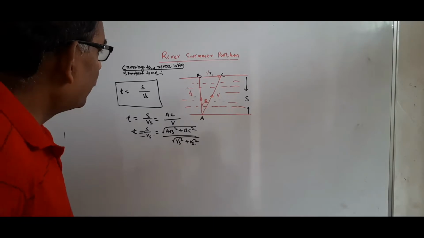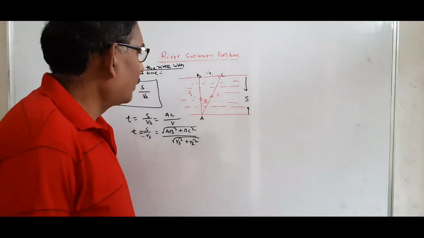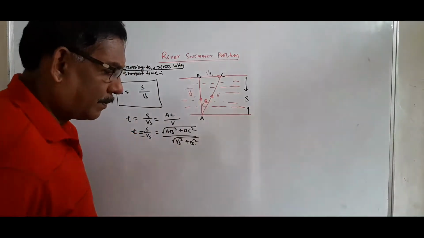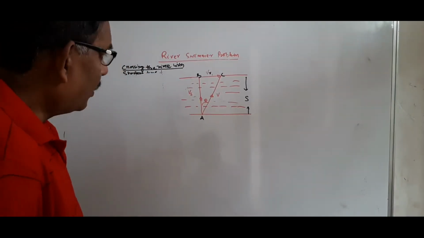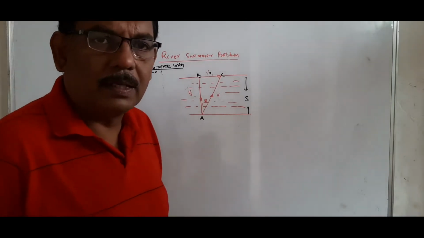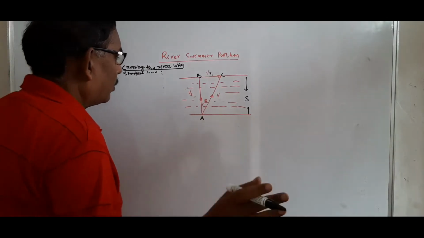Now come to the path traveled by the swimmer, that is BC. In order to calculate the path traveled by the swimmer, you will find out BC. So how do you find it?